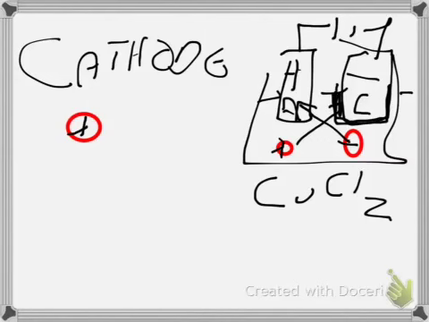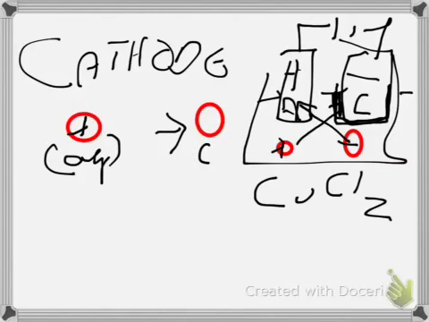So what's actually happening in this reaction is somehow my copper ions are being converted into copper atoms, copper solid. Remember that my ions are in the aqueous state, and my material that I end up with is in the solid state.